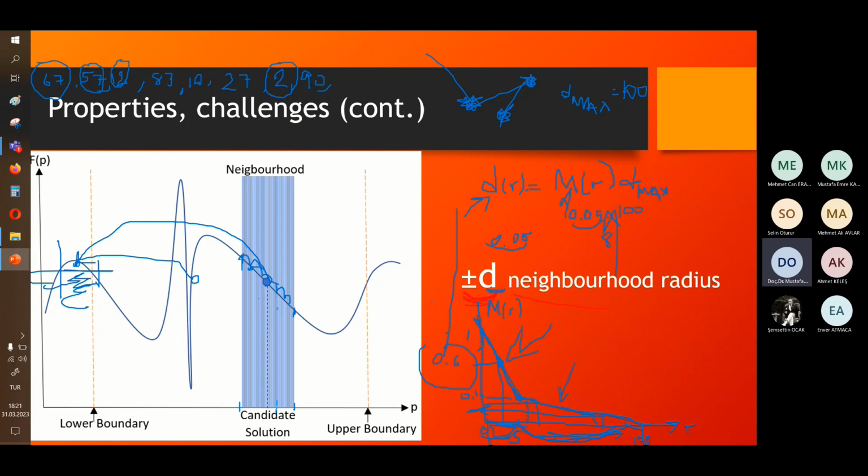And time to time, if a small number comes up, it will jump to another section of the search space, and this way we will be hoping to get loose from that trap, okay, and we will be exploring the search space.